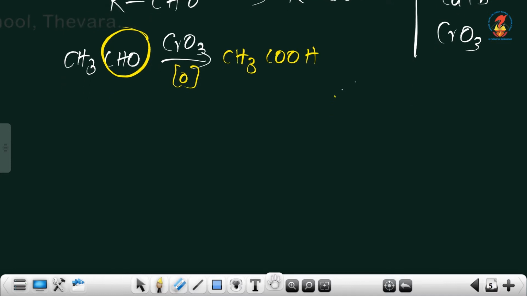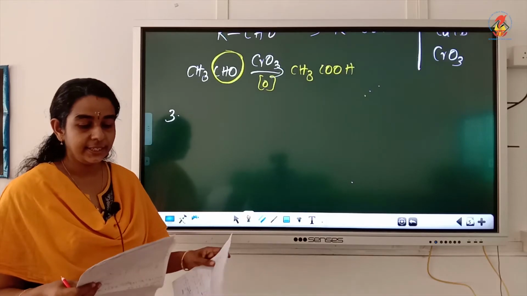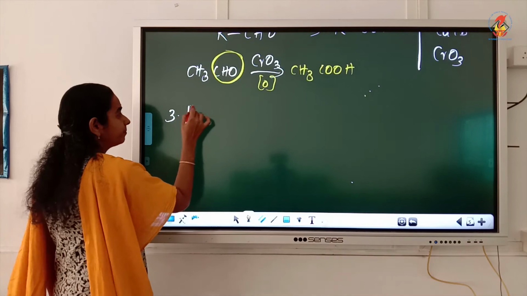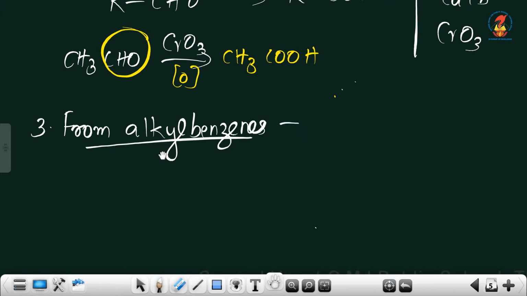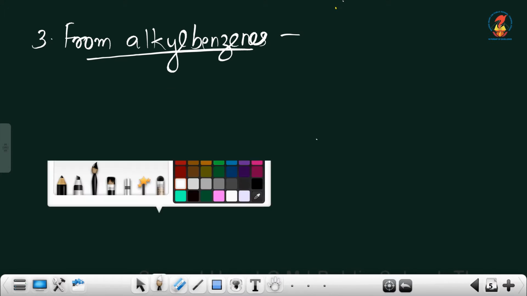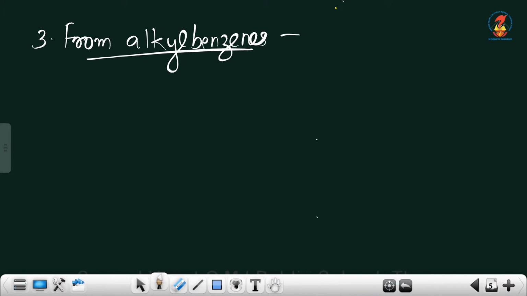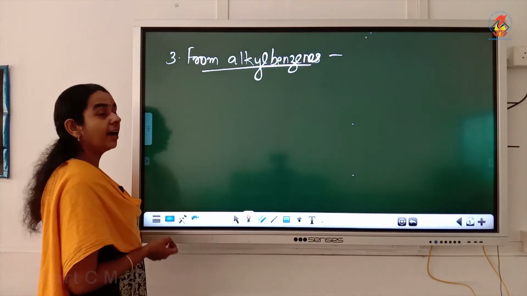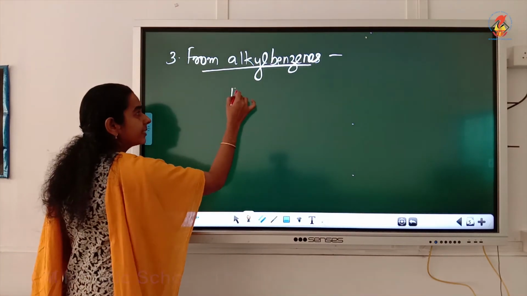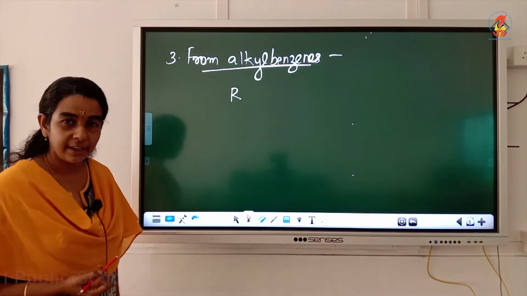Now the third preparation of carboxylic acid is actually from alkyl benzene. How can we represent alkyl benzene generally? We know that the alkyl group is generally represented as capital R group.